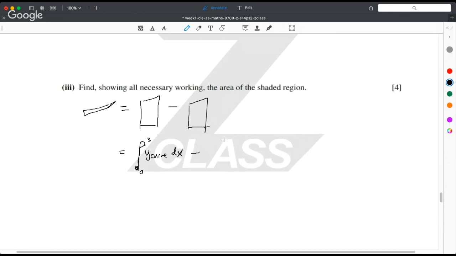And we're going to subtract the integral of y line dx between 0 and 3. Well, we already worked out the integral of y curve.